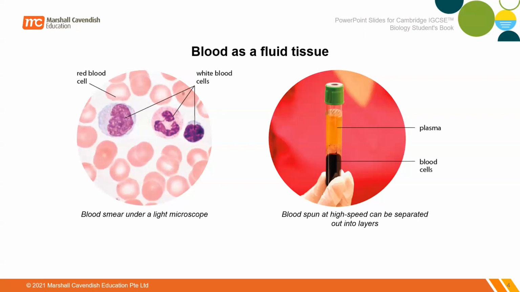blood clot formation. For the plasma, you can write any kind of chemicals, so no problem. Any kind of chemical found in the blood is carried by plasma. It is the fluid part of the blood.